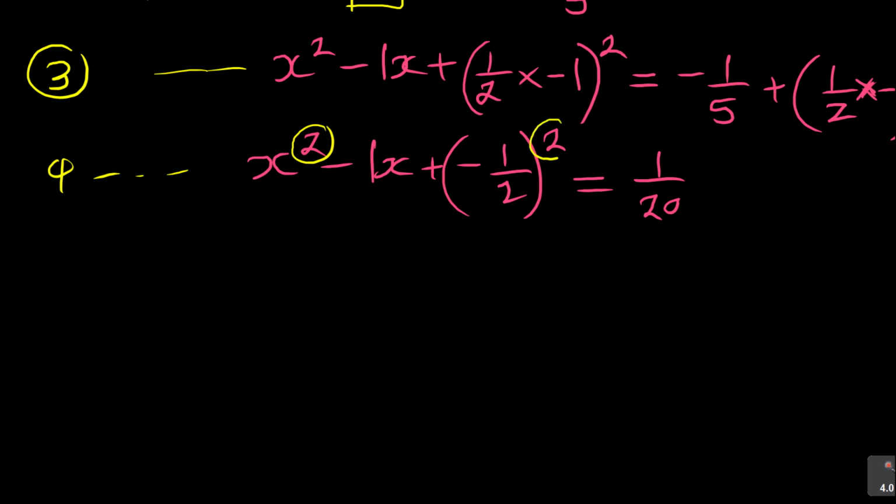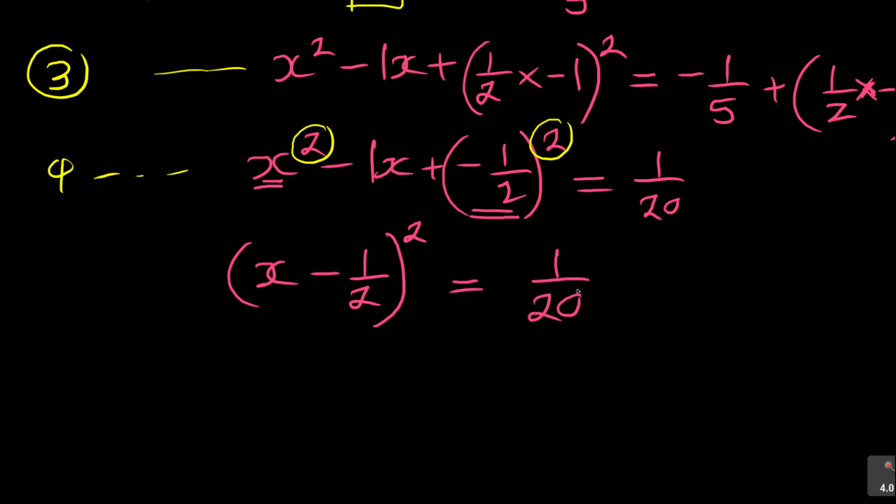When they say completing a square, what they mean is you take the one with the square, you see x, and what is it with the square? It's x minus 1 over 2. Now the square comes outside like that. So you take what is inside, x minus half, but the square is now outside, equal to 1 over 20. You have completed the square.